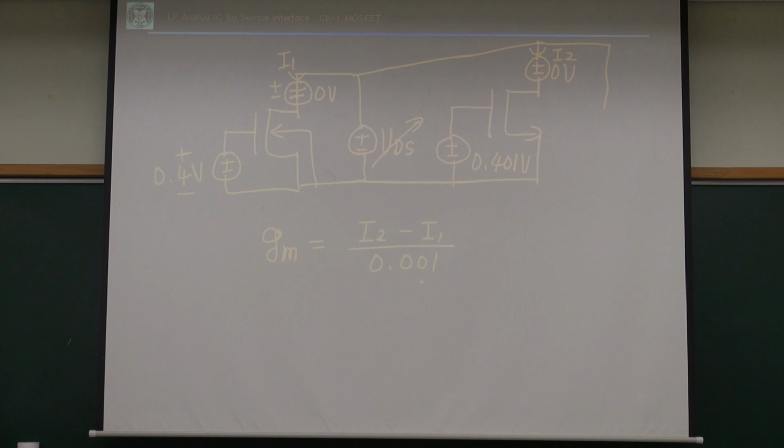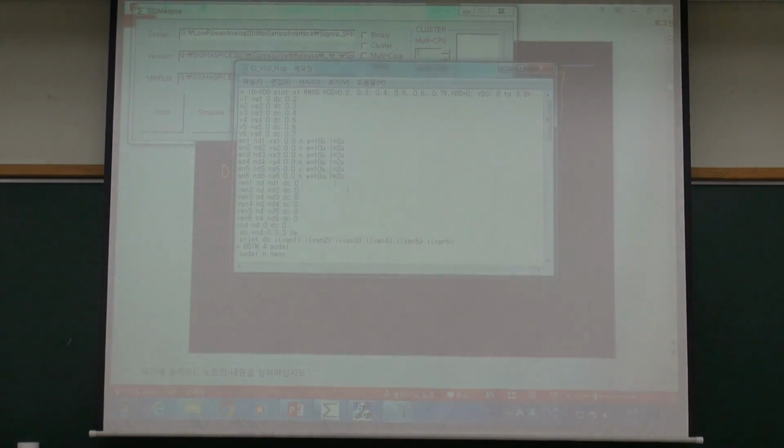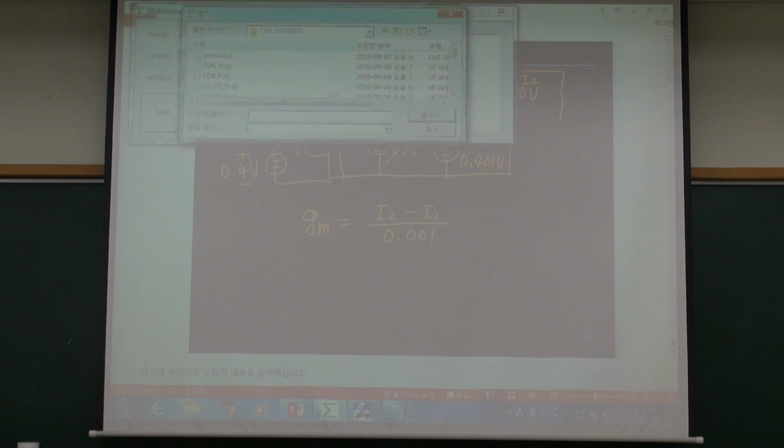Okay. So let's look at the SPICE code for that. Where is my GM? Oh no, open. Oh, there is no GM, just a GM RO thing, everything together.